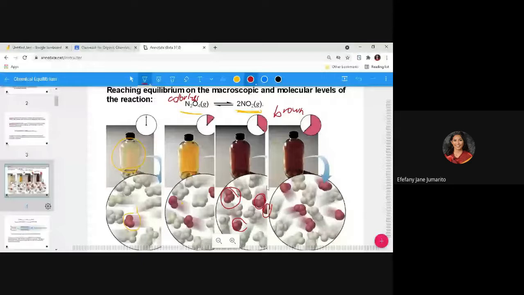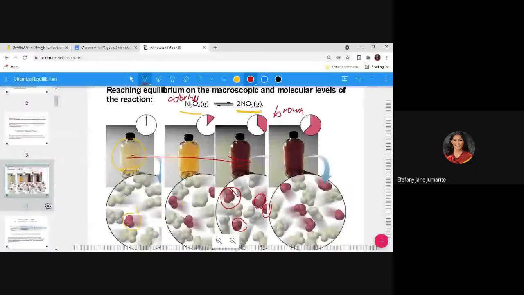During a reaction, it is the appearance of our NO2, the appearance of our product. As we proceed along the way, the product appears. So our product increases. And then at the macroscopic level, at our eye level, in a bigger view, we can see the change in color, which is brown.